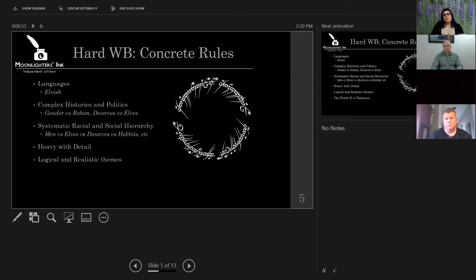So, logical and realistic themes. What I mean by this is oftentimes when you see hard world building worlds like the Lord of the Rings or the Six of Crows duology, like the whole Grishaverse by Leigh Bardugo, that is all very comparable to our world now. So in the Grishaverse, you have different countries that are directly related to countries we know now.